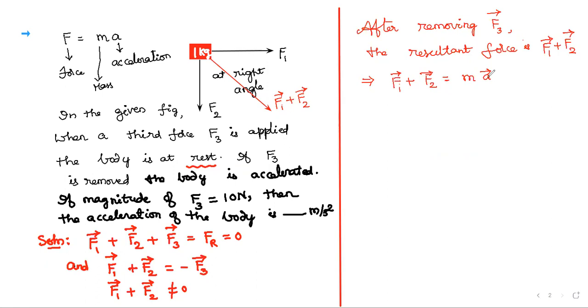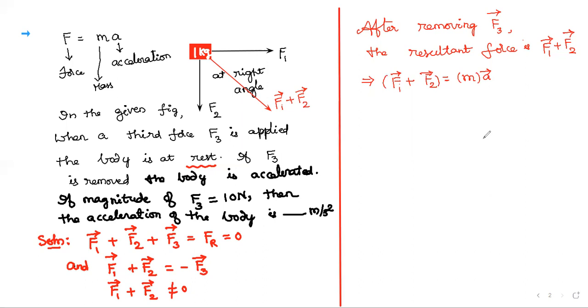Sir, we don't know F1 bar plus F2 bar, so how to calculate the acceleration? We just know the mass, and we can substitute 1 kg in place of M. But F1 bar plus F2 bar was not given in the whole question. We don't know the left-hand side, so it is impossible to find the acceleration, and we try to stop the question.